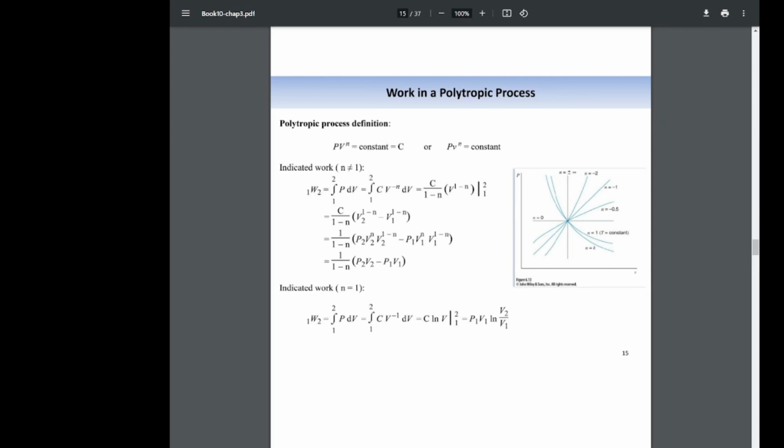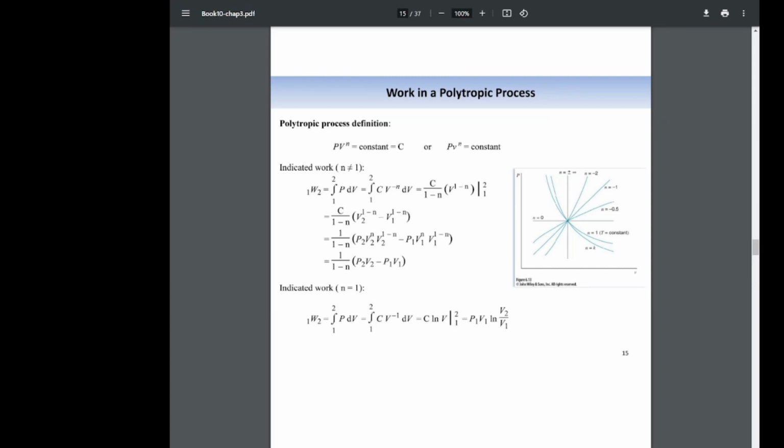If we look at the two extremes for n, as n goes to infinity, this is essentially a constant volume process. And as n goes to 0, this is a constant pressure process. So that's just looking at how the values of n approach the two constant processes.